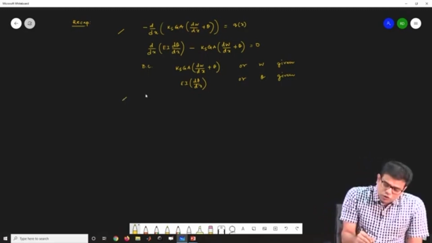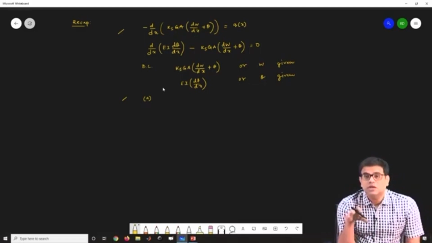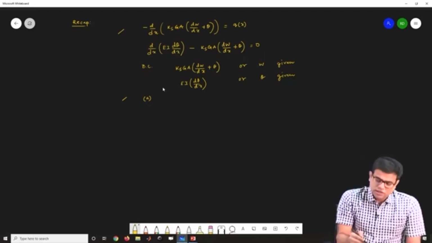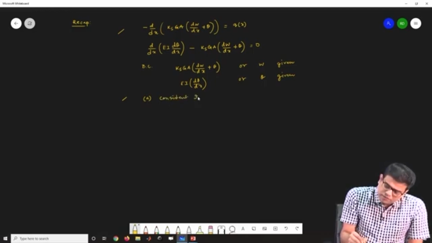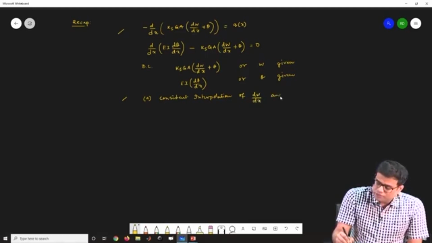So we have understood two methodologies or two types of element, even though the stiffness matrix for both these procedures comes out equal. The only difference is the force vector. So basically, consistent interpolation of dw/dx and theta.